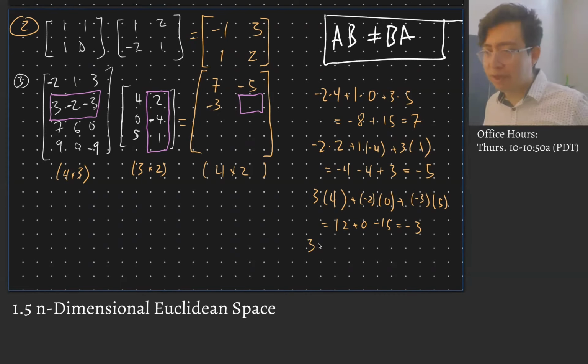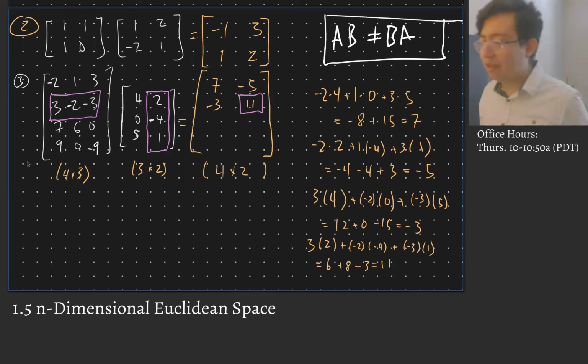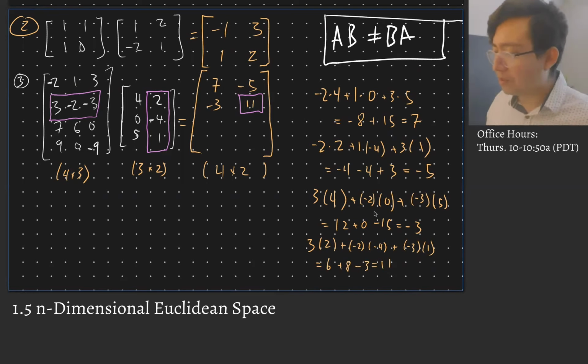So we get 3 times 2 plus -2 times -4 plus -3 times 1. So this is 6 plus 8 minus 3. That's 11. So we get 11 in this box here. Again, this is assuming my arithmetic is right.